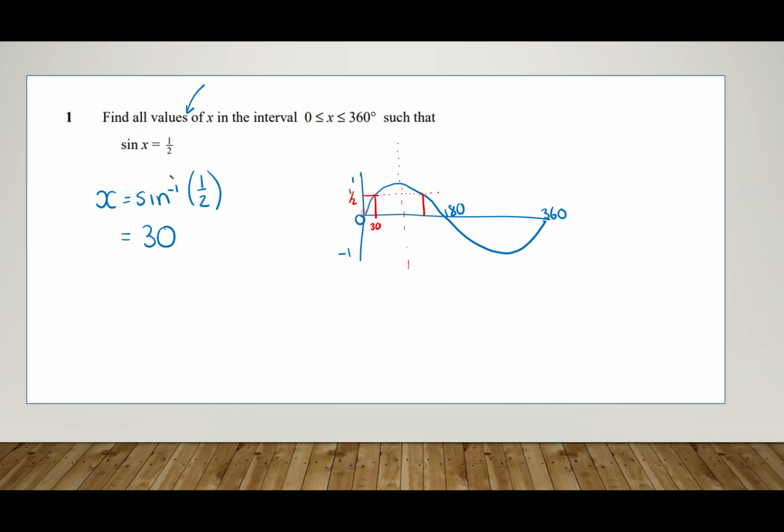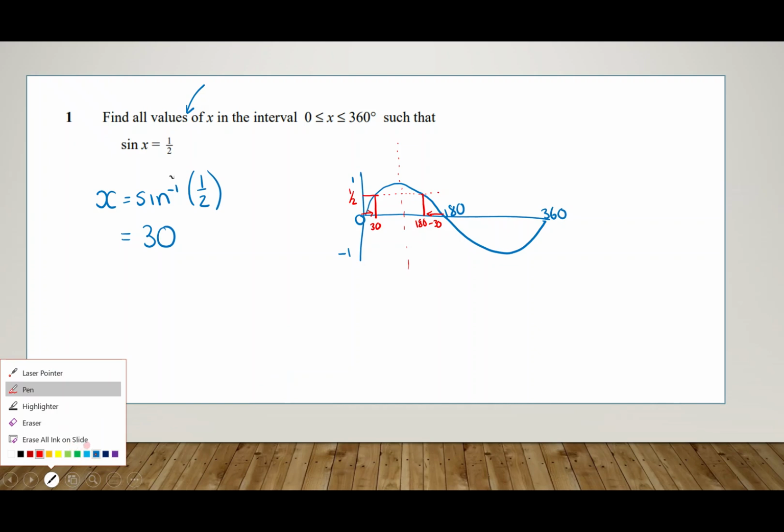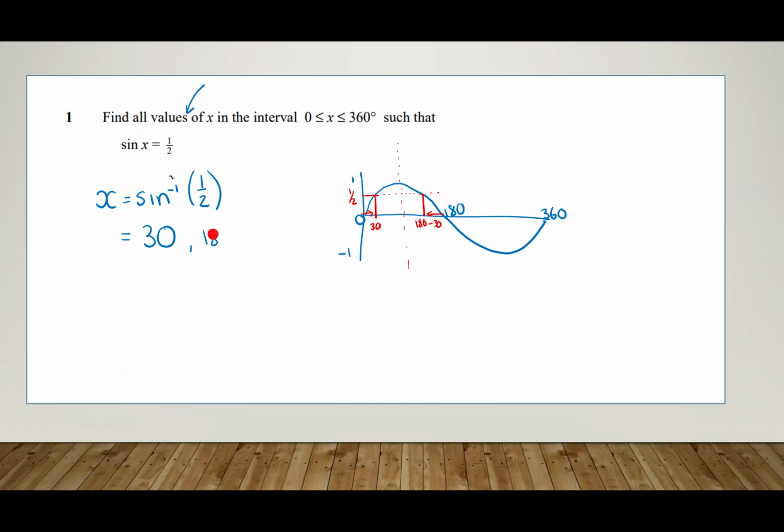So this tells me that the distance from 0 to 30 is exactly the same on the other side from 180. So if I was to do 180 subtract 30, I would find this second solution. So my second solution is going to be 180 minus 30, which is 150.